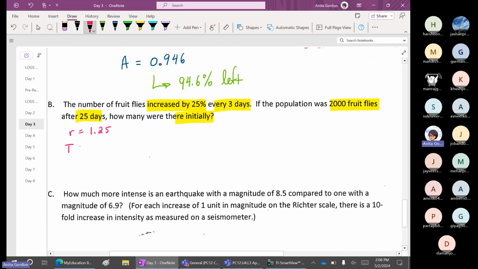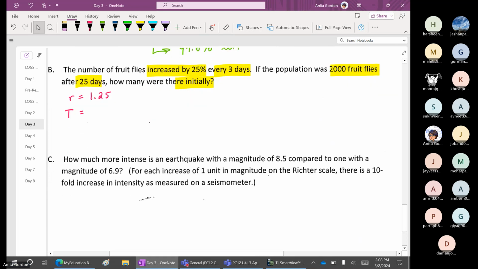Capital T is what? 3. It increases every 3 days. We cannot control that measurement. That is a constant given to us. That is how fast the population is increasing.